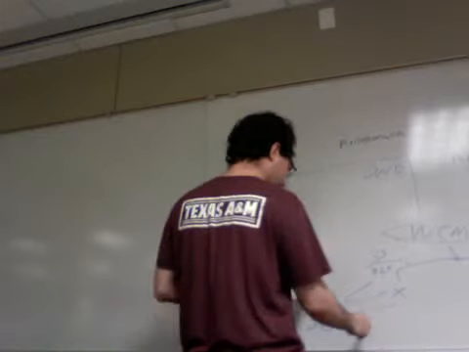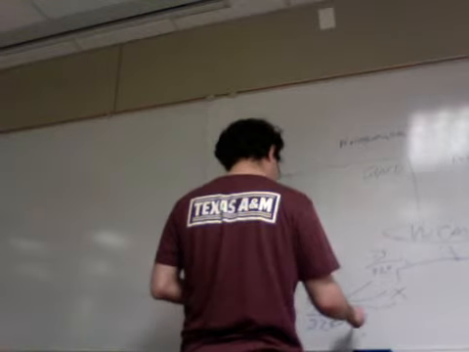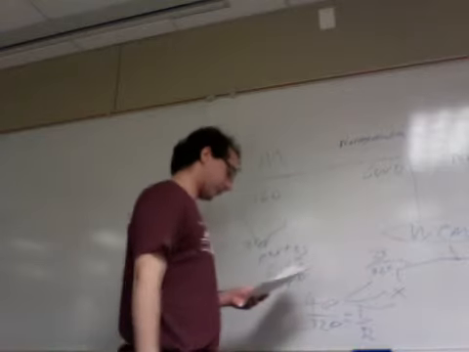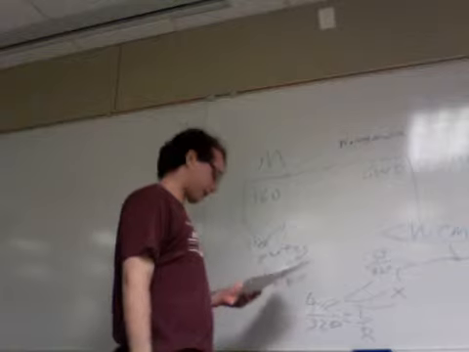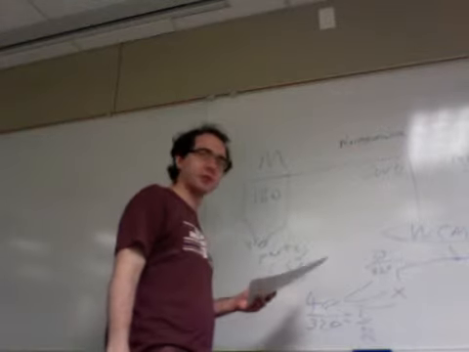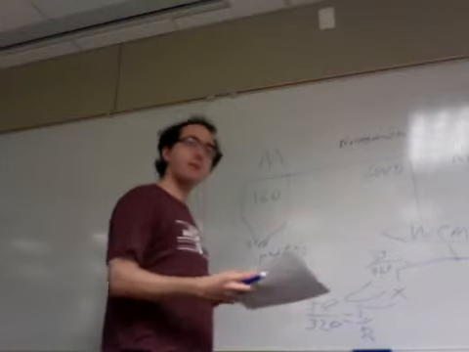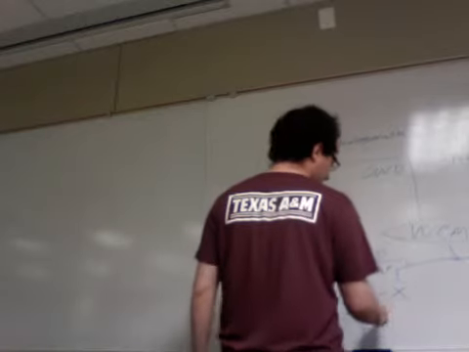Times 6.5, because they want their share out of the 6.5. They want their proportionate share times 6.5, right? What would that be?